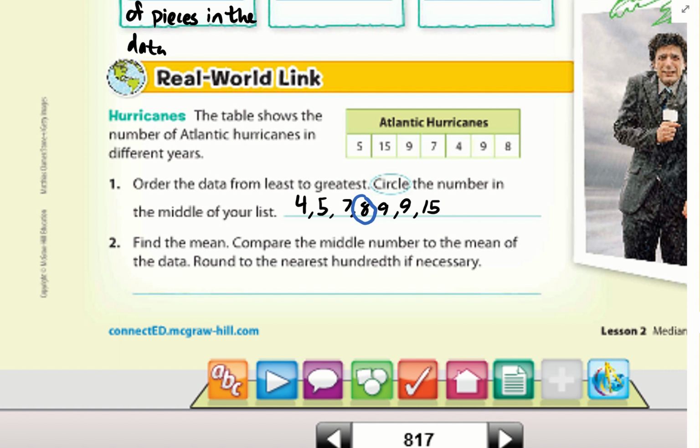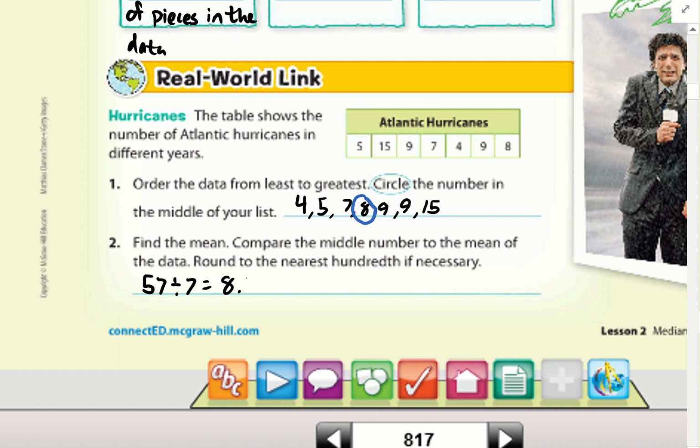Now find the mean, compare the middle number to the mean of the data. Round the number to the nearest hundredth if necessary. So I'm going to add all these numbers together. If I add all these together, I get 57. And I'm going to divide that by 7.